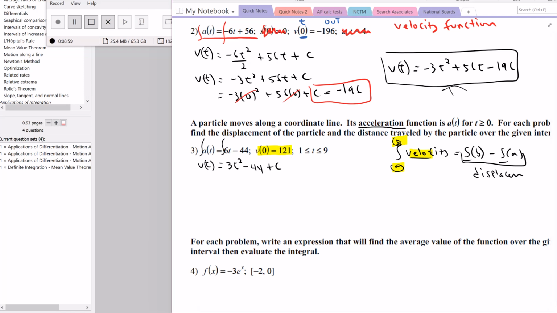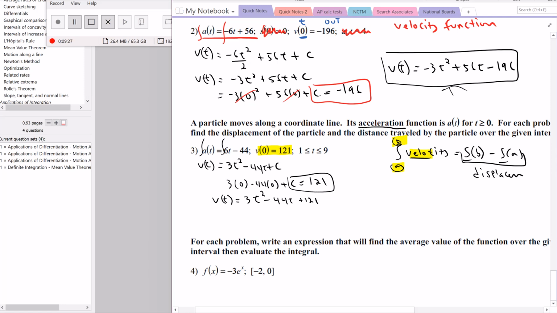If I plug in 0, I should get 121. Therefore, c is 121. So my velocity function is, c is 121. Please be careful, you won't always have 0. Sometimes it'll be something else, like a 1, in which case that requires more math.